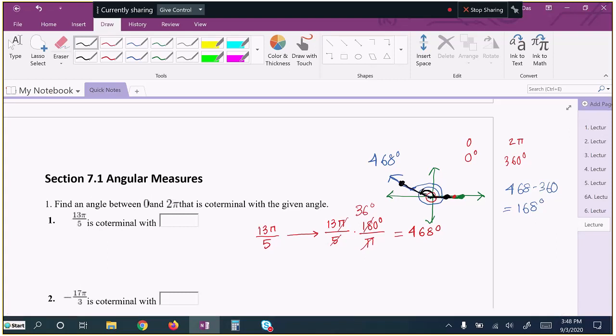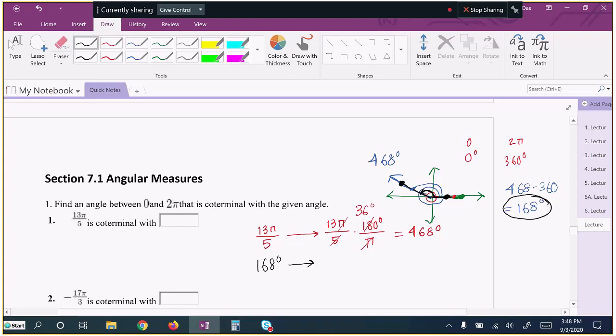But how much is the measure of this angle? Isn't that only 168 degrees? So finally, once I have figured out that the required angle is 168 degrees, I have to remind myself that I'm going to change the measure to the radian measure. So now you have 168 degrees, you change it to the radian measure.